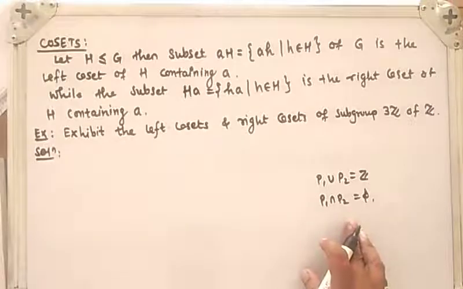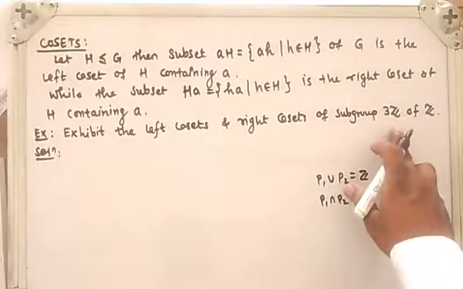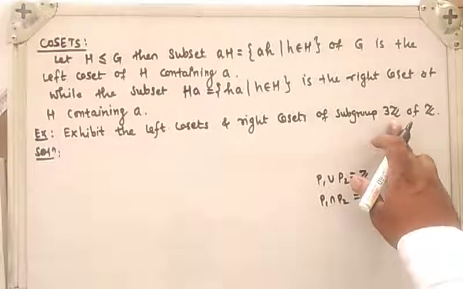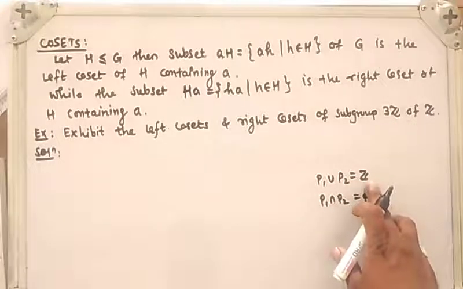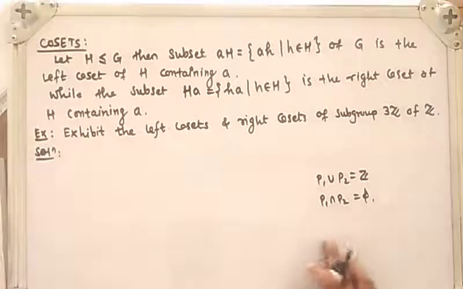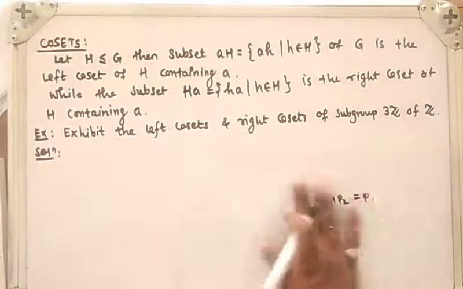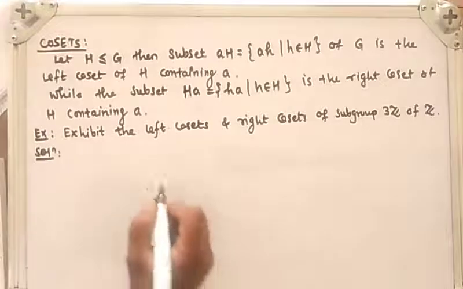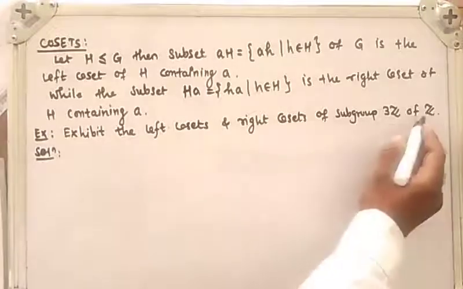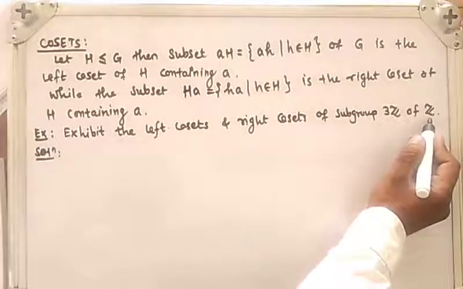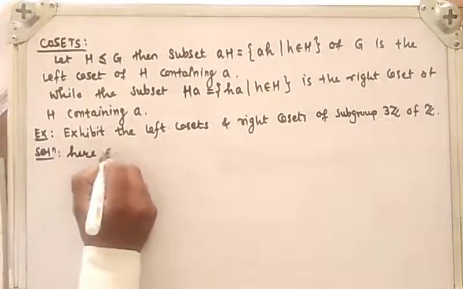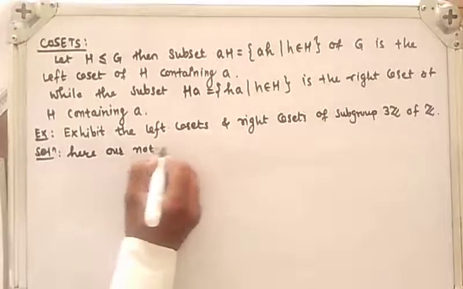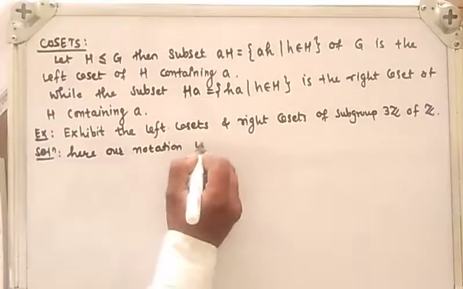So here, forming a partition means we have to find subsets whose union will be the set of integers or the whole set, and whose intersection will be empty. Here we know that Z is under the operation of addition, so our notation is additive.